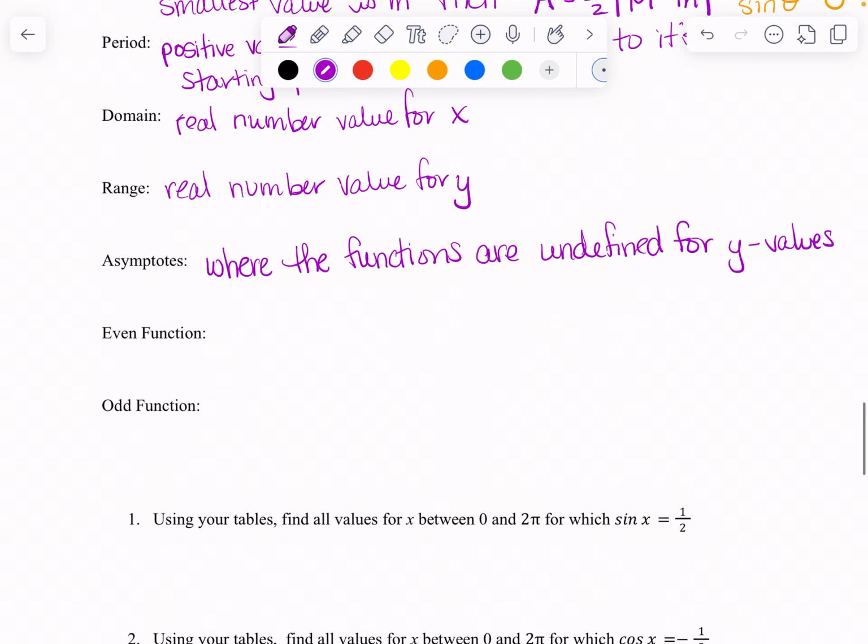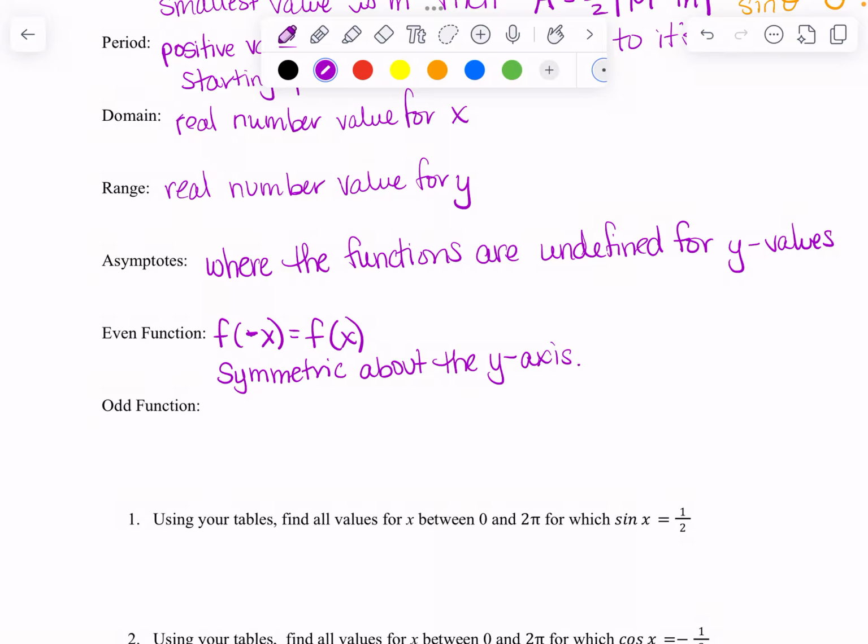All right, an even function, we talked about this in the last unit, but an even function says f of negative x is equal to f of positive x. And it also means it's symmetric about the y-axis. Okay, we talked about that being cosine.